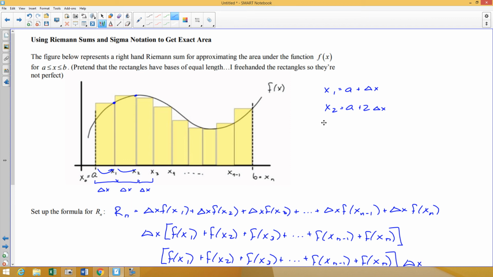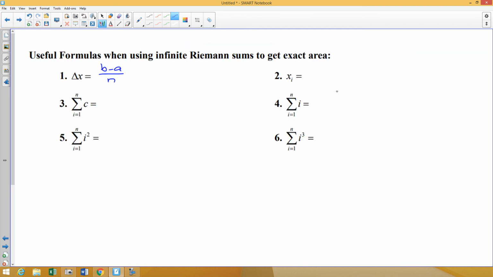And so hopefully by now you see the pattern. It's not that hard to see. So x sub 3 would be a plus 3 delta x. So if I want to skip that to just some generic x coordinate, my ith x coordinate, it would be my initial value plus my delta x times i. And so that's what we're going to use for x sub i. So it's your initial value plus your change in x times i.